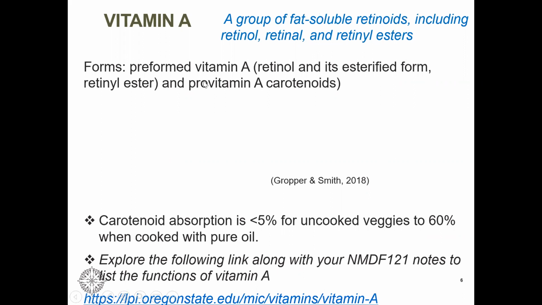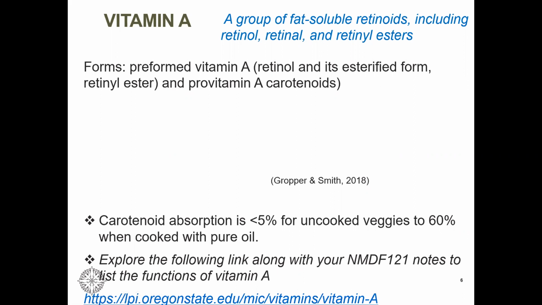Now, in the food forms, I just want to flag that I've added a couple of things in these slides. So apologies, you can just add them in your notes. The forms are, one, preformed vitamin A that you just mentioned is present in the liver.